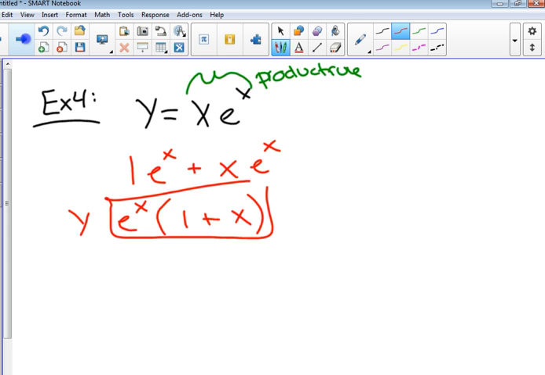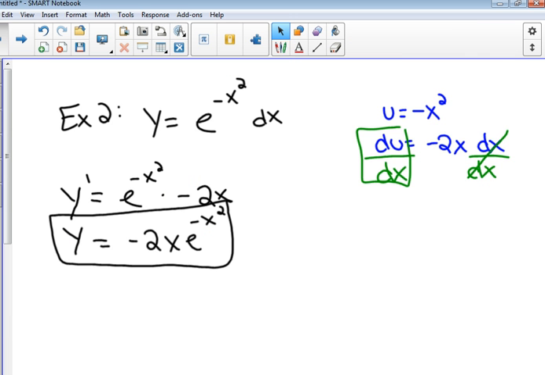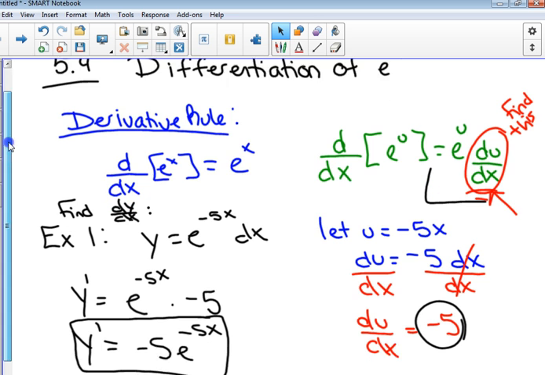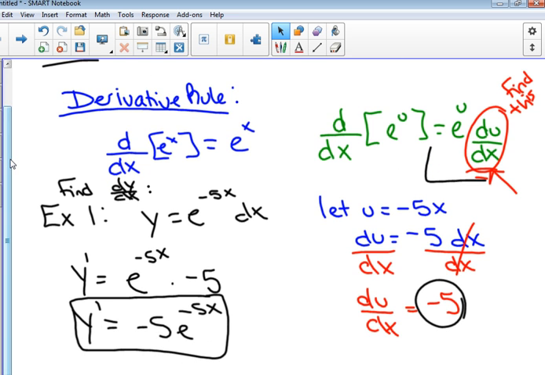We should have y prime. That's it. Yep. What happened to the whole thing? Because the e to the x is just what? So here's your two rules, right? If you just have e to the x and there's just x up there, the derivative is just e to the x.